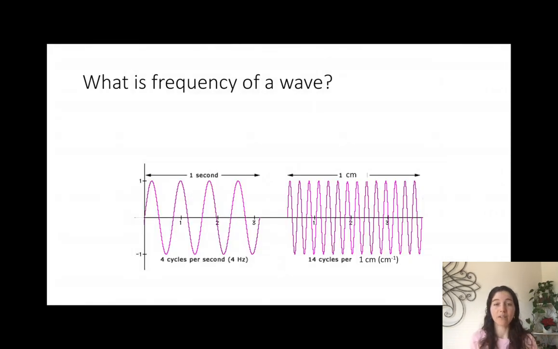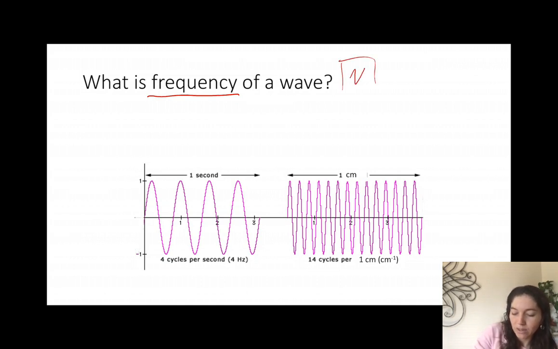Okay, so let's delve into frequency here. We've learned what wavelength is. We understand what speed is, which is our c value. So let's check out our frequency, which we represent with this Greek letter nu here. We have two different ways that we can determine frequency. One of these is the number of times something happens over a certain time period.